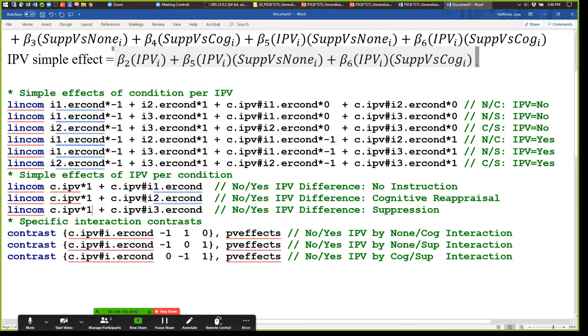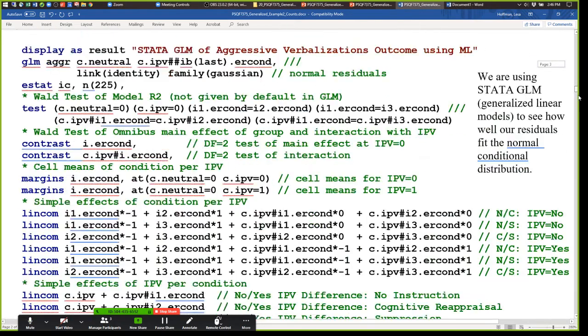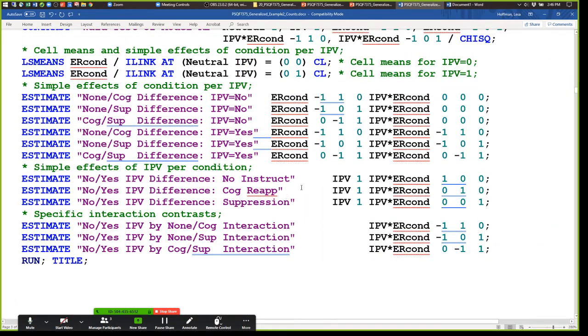But I'll add those. So simple effects of IPV. At a minimum, you need one of these, right? Now who do you want it for? What group? Yeah, so for the first one, I want it for group 1. I want it for group 2. I want it for group 3. That's the vertical distances between those lines at each point there. And analogous in SAS, IPV 1, in each case, that gives me 1 beta 2 plus which group do I want it for?